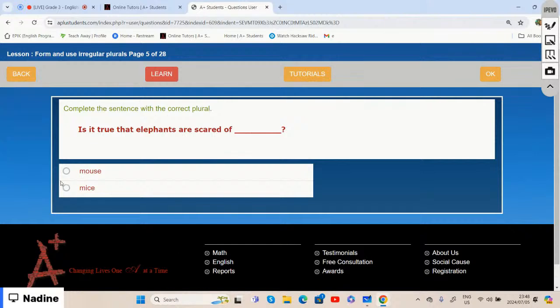All right, so then we can say mice. Mice is more than one.